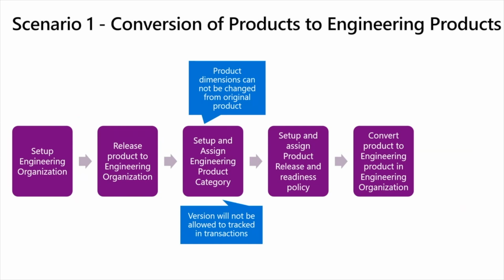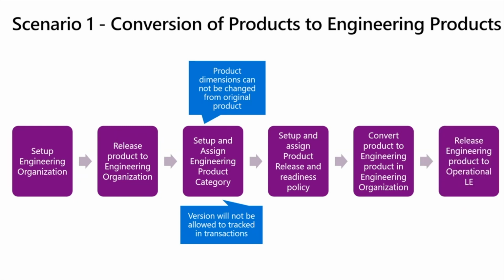So you will first convert product to the engineering product into the engineering legal entity. You will then set up the BOM, formula, or routes for that engineering product version and any other product details in that engineering legal entity.